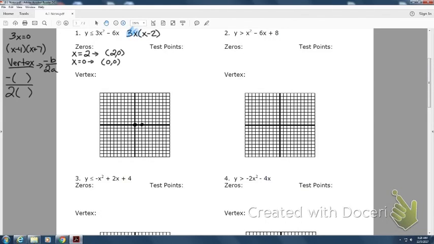Is there anything in front of 6? No. What's in between 6 and negative 6? Tyler, what is my a value? 3. Okay, so negative negative 6 is going to be positive 6. 2 times 3 is positive 6. So the x value for my vertex is 1.